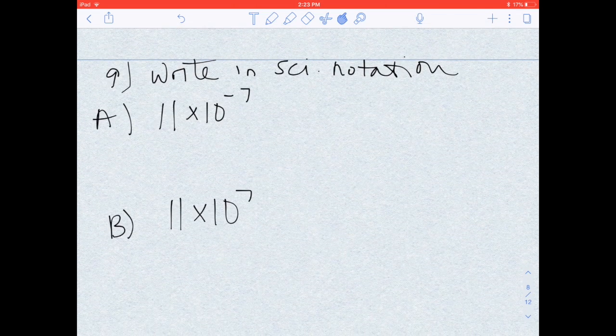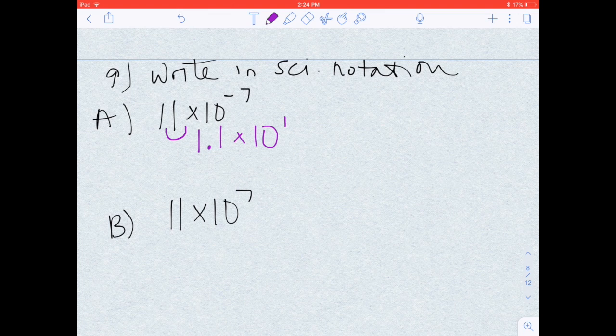Okay, number 9. Write these in scientific notation. So remember, scientific notation is when we have our decimal right here. Right now we don't have that decimal, so I need to move it. So I'm going to do 1 to the left. So now I have 1.1 times 10 to the 1, right?